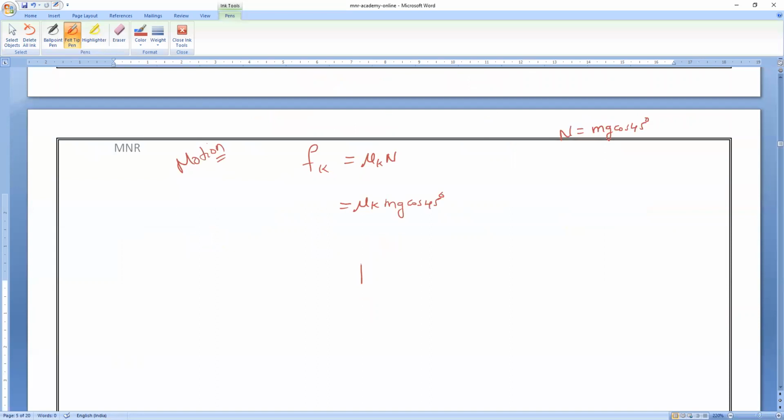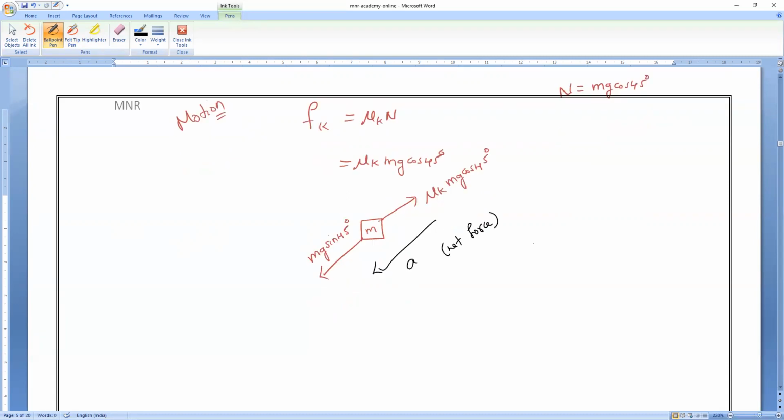Now observe very carefully. If I draw the FBD, there is a frictional force acting, kinetic friction, mu k mg cos 45, and a motion-causing applied force equal to mg sin 45. Now tell me the net acceleration. The body started sliding, so the acceleration is downward.